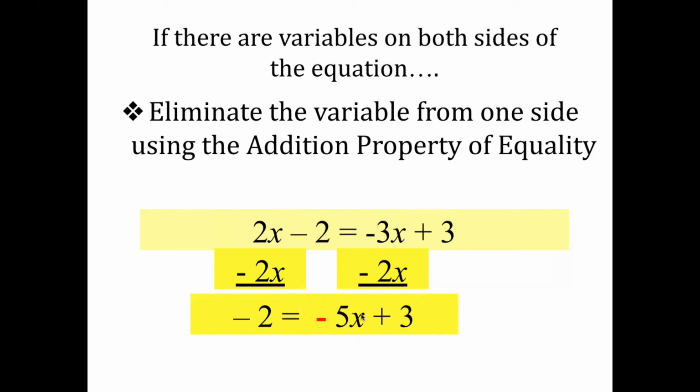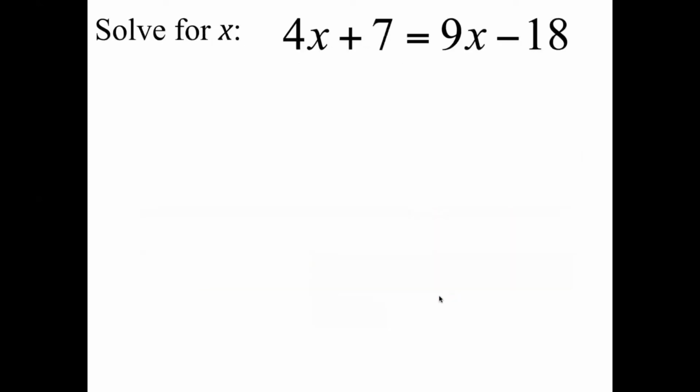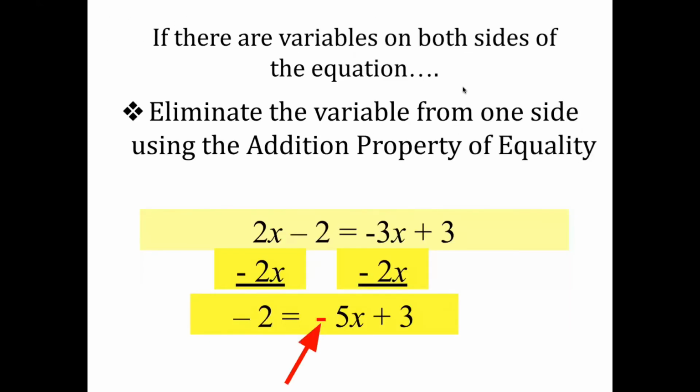Now we have to isolate your constants, so subtract 3 from both sides. And that would give you negative 5x equals negative 5. And if you divide both sides by negative 5, you would still get that x equals 1.